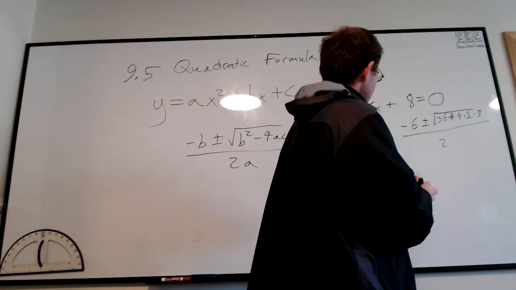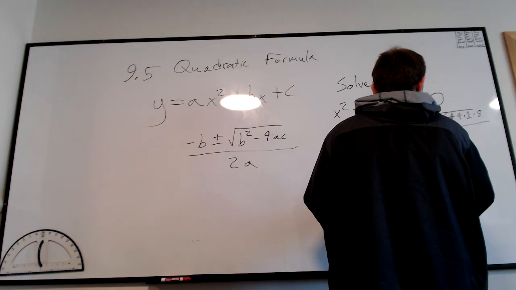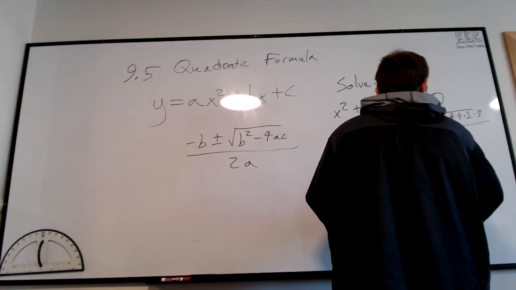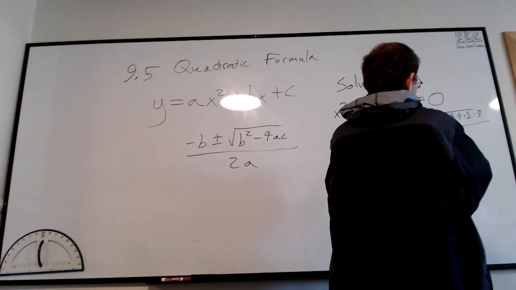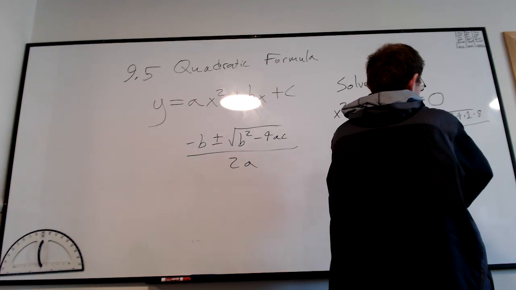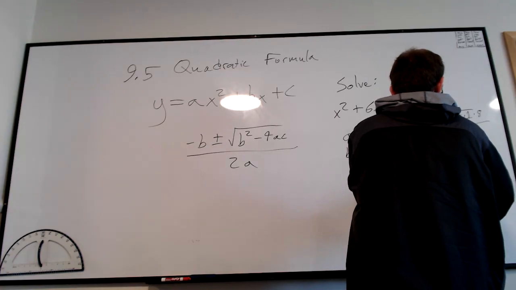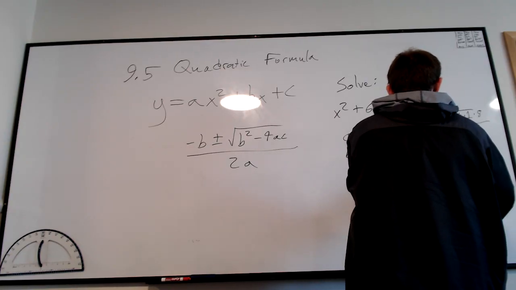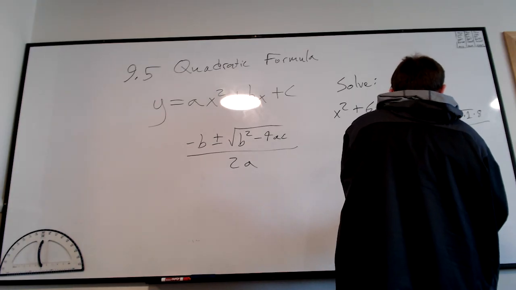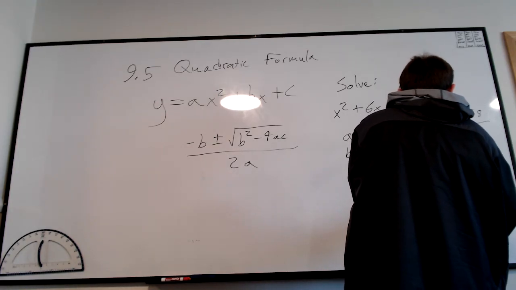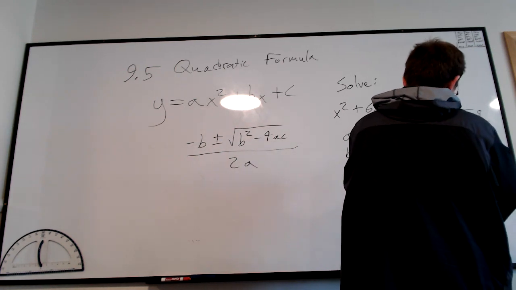So let's see, let's simplify this. We've got negative 6 plus minus the square root. Okay, 4 times 8, is that 32? Yep. So we got 36 minus 32 over 2 equals negative 6 plus minus the square root of, what is that, 4?